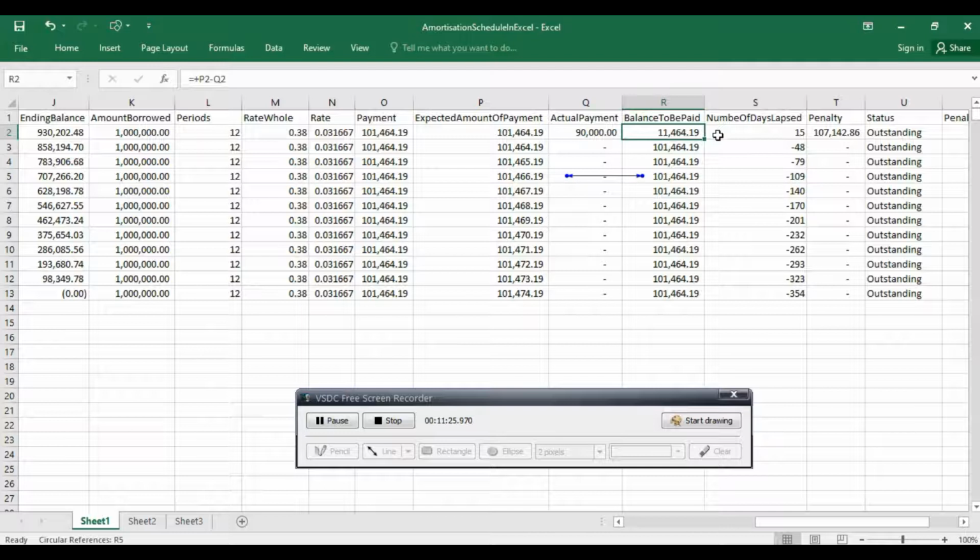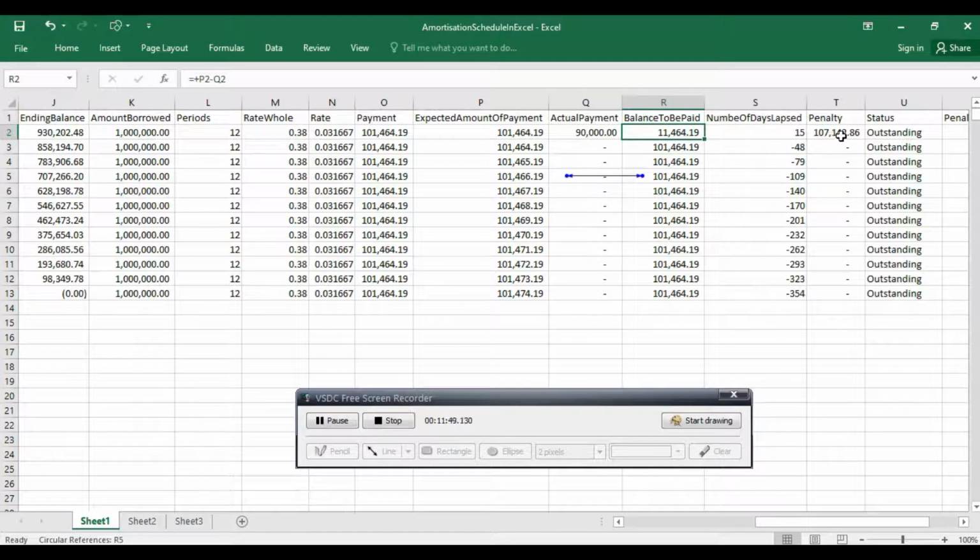You can see the figure here, the penalty of 107 for the number of days elapsed.